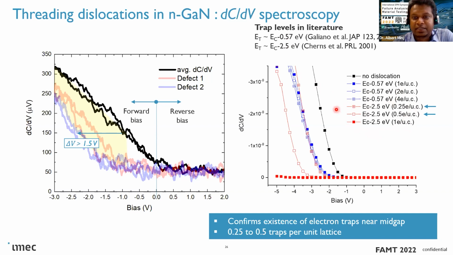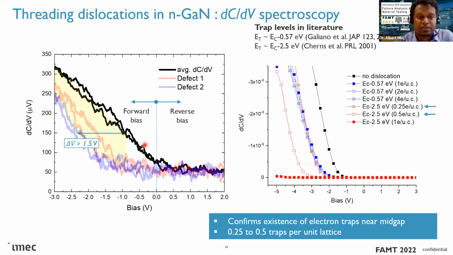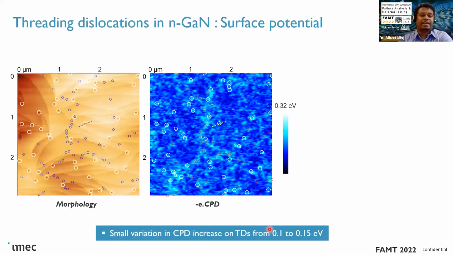For the shallow traps, we do not get this 1.5 volt shift, irrespective of how much I increase the electron trap density. But for the deeper one, the 2.5 electron volt, we can easily obtain this shift of 1.5 volt for an electron trap density between 0.25 and 0.5 traps per unit lattice. Now we can also see the same thing in the surface potential maps, as expected.